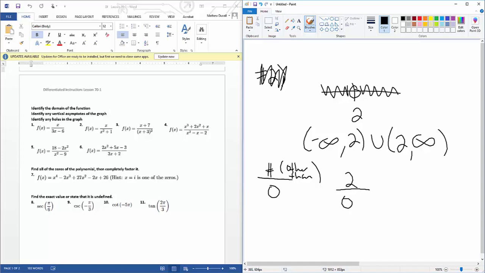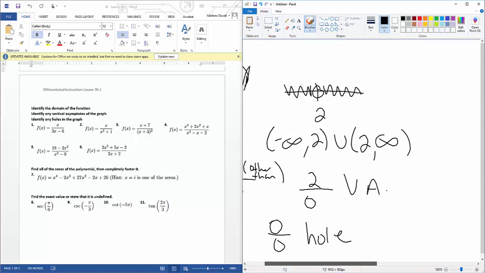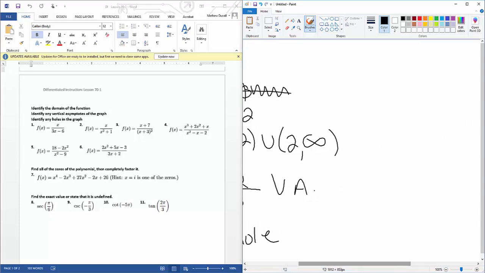Okay? That is a vertical asymptote. If you ever get 0 over 0, that's a hole or point of discontinuity. So, because I plugged in 2, I got 2 over 0. I know I have a vertical asymptote at x equals 2.